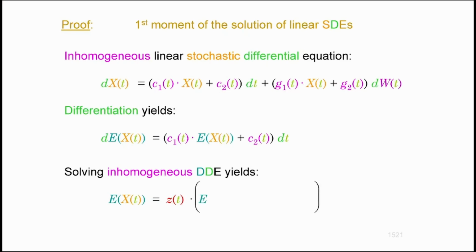You might remember that one, okay? Here is the expectation of the starting value, and then plus this integral, okay? And check this out, this is the additive function, and then you've got z in the denominator, okay? And then of course you would need to address z as well, okay?